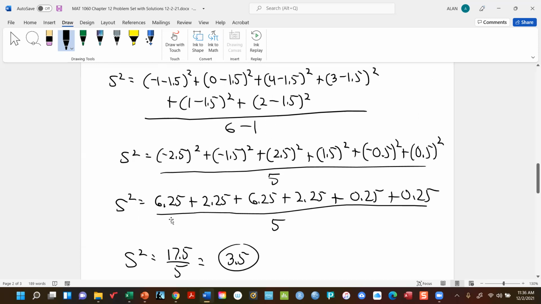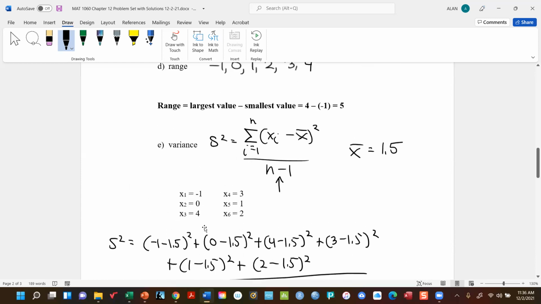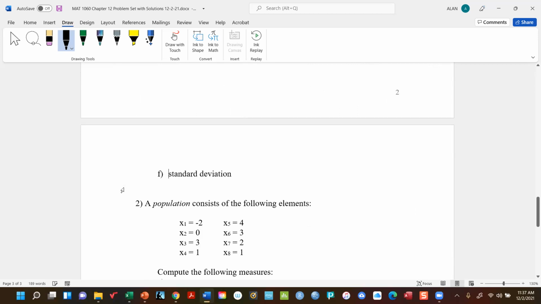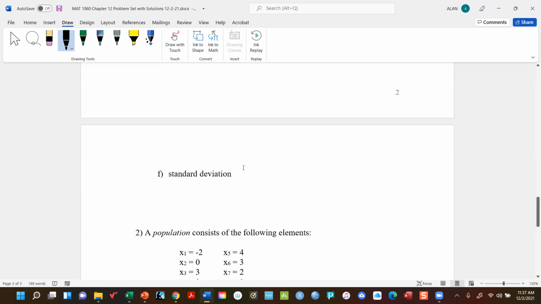All right, now luckily, remember, let's go back here. The standard deviation is last. Remember how easy that is. The standard deviation is simply the square root of the variance, for both samples and populations.